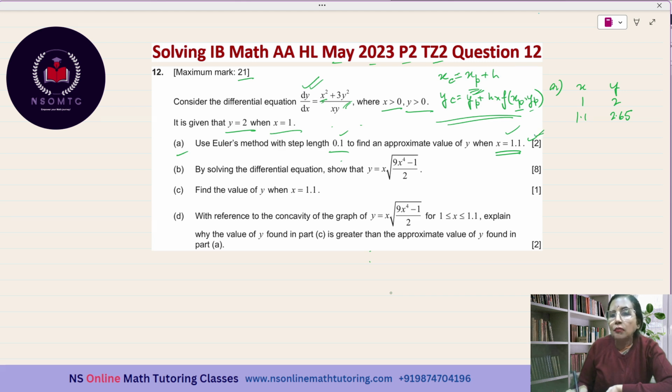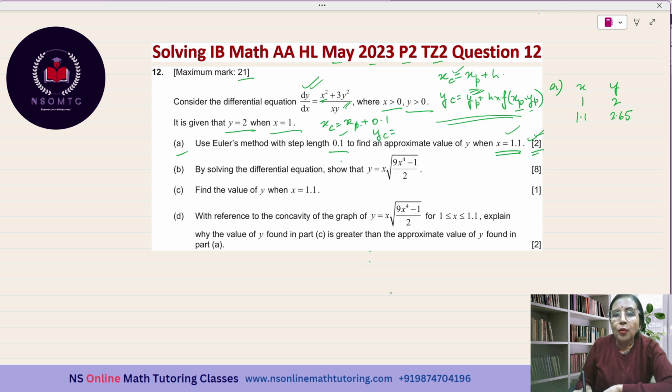Okay. So, at most what you can write is, in place of this, you can write xc is equal to xp plus 0.1, because it is containing 2 marks. So if you want, you can give these two equations, to show which two formulas you have used.